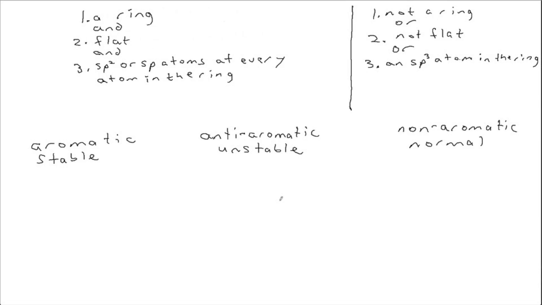If there's an sp3 atom in the ring, what category would it be? Non-aromatic. Right. So what if it's a ring and it's flat and there's an sp2 or sp atom at every atom in the ring? What category would it be then? Well, either aromatic or anti-aromatic. So there's one more rule for figuring this out now, which is to count the number of electrons in the cyclic pi system.